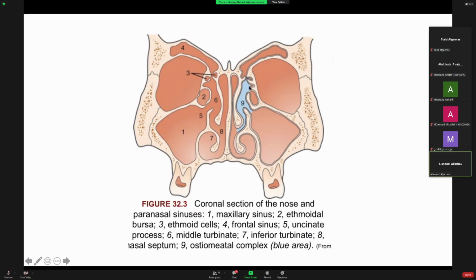So if there is any blockage here, it will accumulate the mucus, and there will be a chance of bacterial overgrowth, and the patient will present with acute bacterial sinusitis.